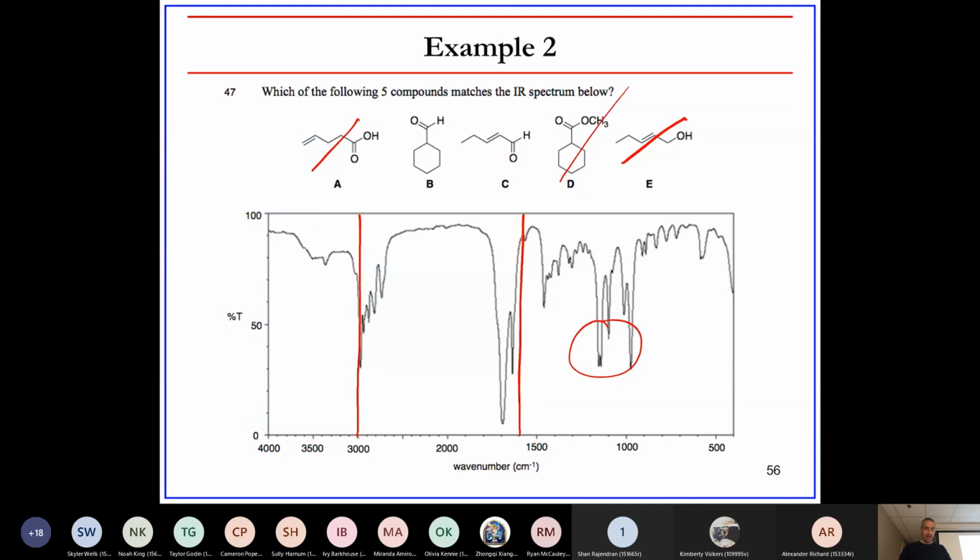Yeah. So what we can see, CO, CC. So we have two double bonds here, carbon-oxygen and a carbon-carbon, which matches C but not B. Are there sp2 CH stretches? Well, I don't know. A little something there, but not much.